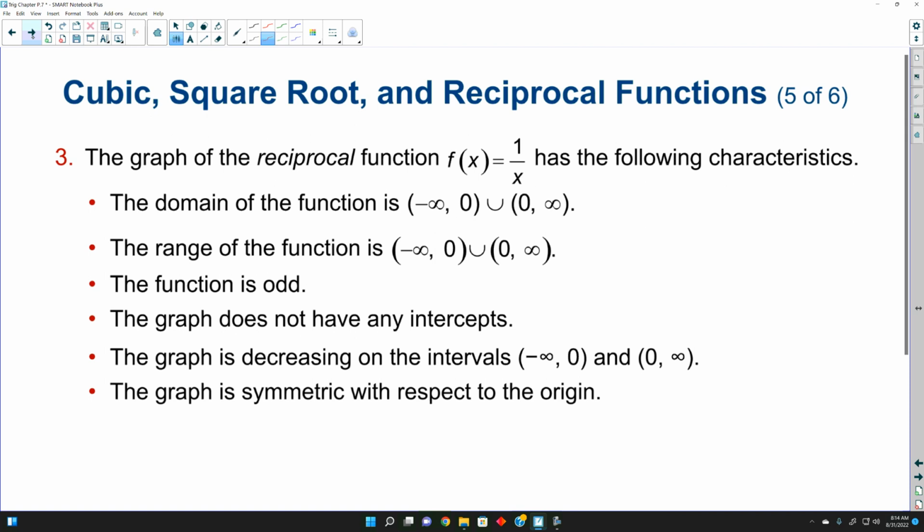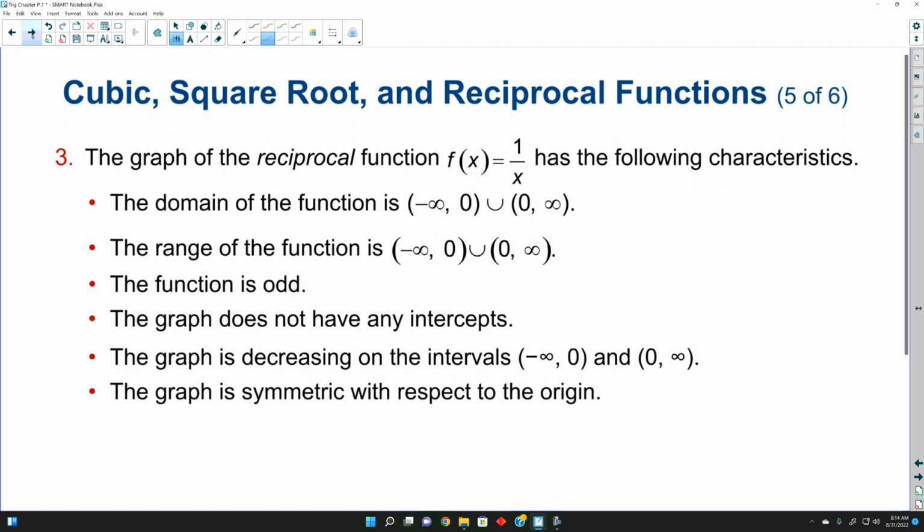The range for this function is also pretty much everything except 0, because there's no way to make this function equal 0 either. The function is odd, the graph does not have any intercepts, and the graph is descending on the intervals from negative infinity to 0 and 0 to infinity.